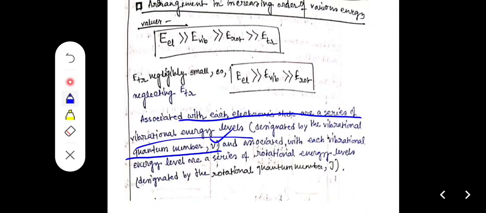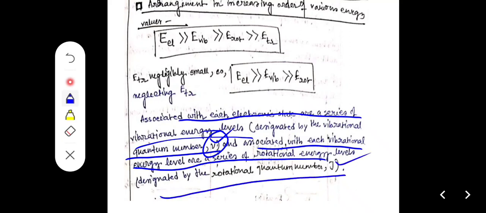Which is nu, which is V. So this term is V, this is not nu. That is the vibrational quantum number. And associated with each vibration energy level are a series of rotational energy levels, designated by the rotational quantum number, that should be simply J.